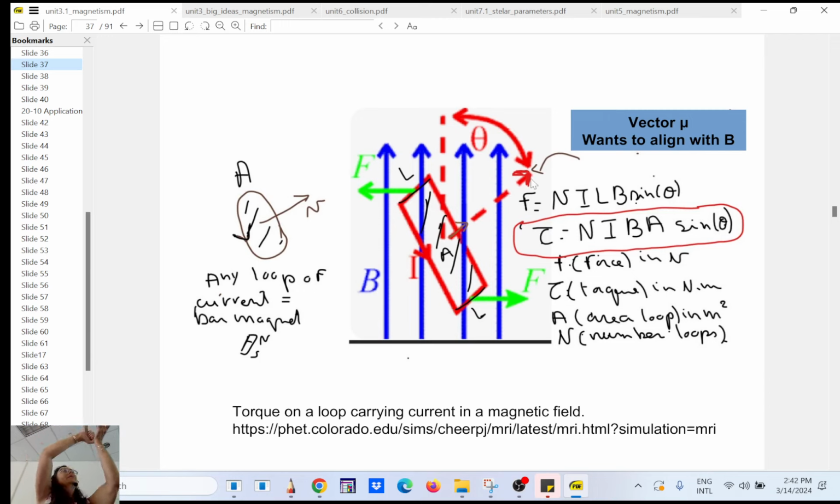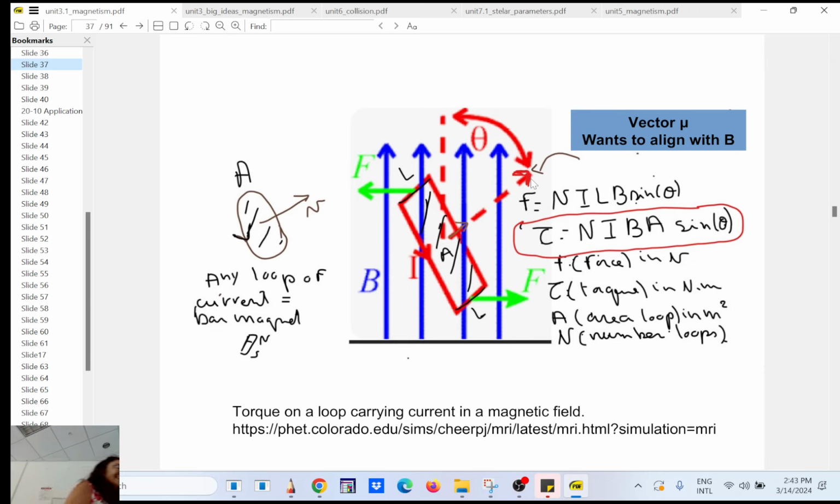Is it happy here or is it in the highest level of energy? Higher level of energy? It's not happy. Do you agree? So which way is it going to twist? This way or that way? Clockwise or counterclockwise? It wants to go this way.